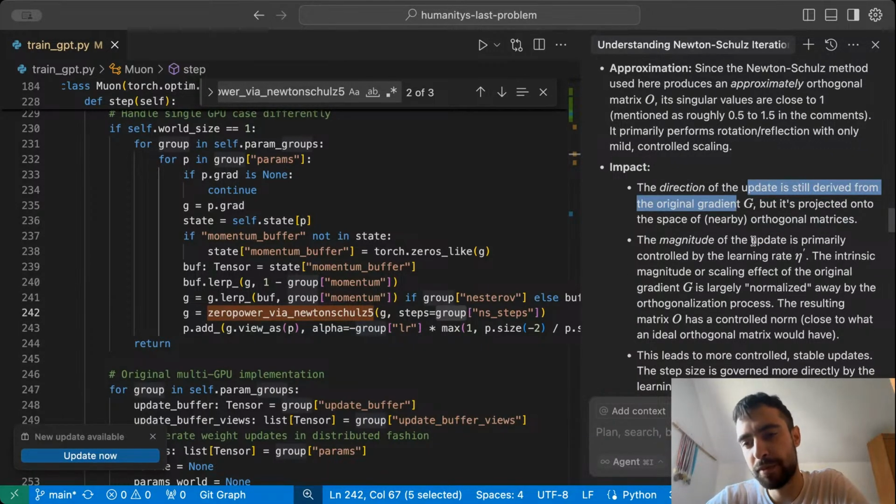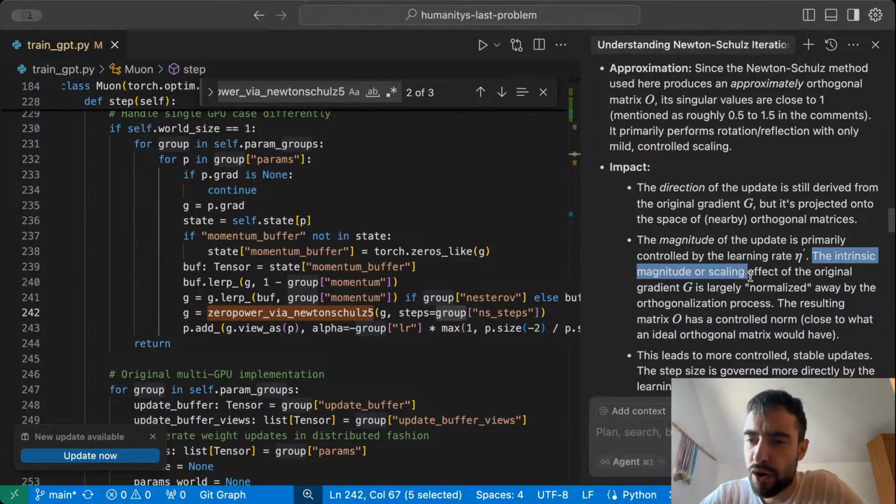Magnitude of the update is primarily controlled by the learning rate, okay? The intrinsic magnitude or scaling effect of the original gradient G is largely normalized away by the orthogonalization.